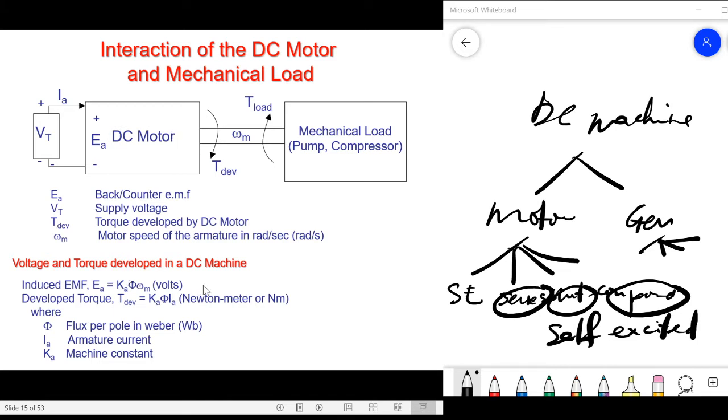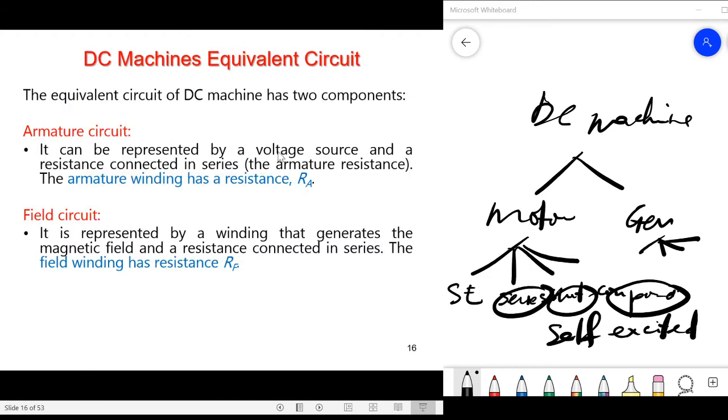So voltage and torque developed in this machine. EMF is equals to K phi omega. Torque is equals to K phi Ia. So flux, phi is the flux per pole in Weber, Ia is the armature current, K is machine constant. So DC machine equivalent circuit. Okay, so now this is the important. So the equivalent circuit.